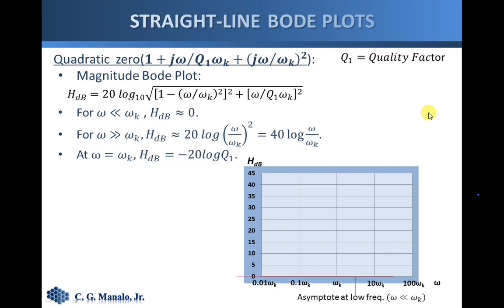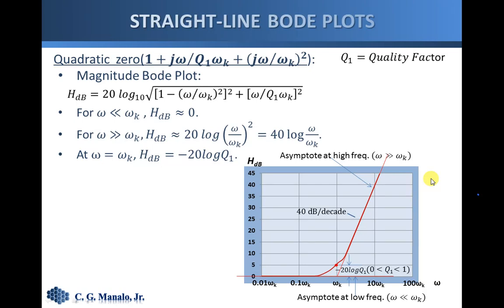Now, to plot this, first we plot what is called the asymptote for low frequencies. So, for omega much less than omega k, we have this asymptote. For omega much greater than omega k, we have this asymptote. And we also plot the H dB at exactly omega equals omega k, and we make the plot.